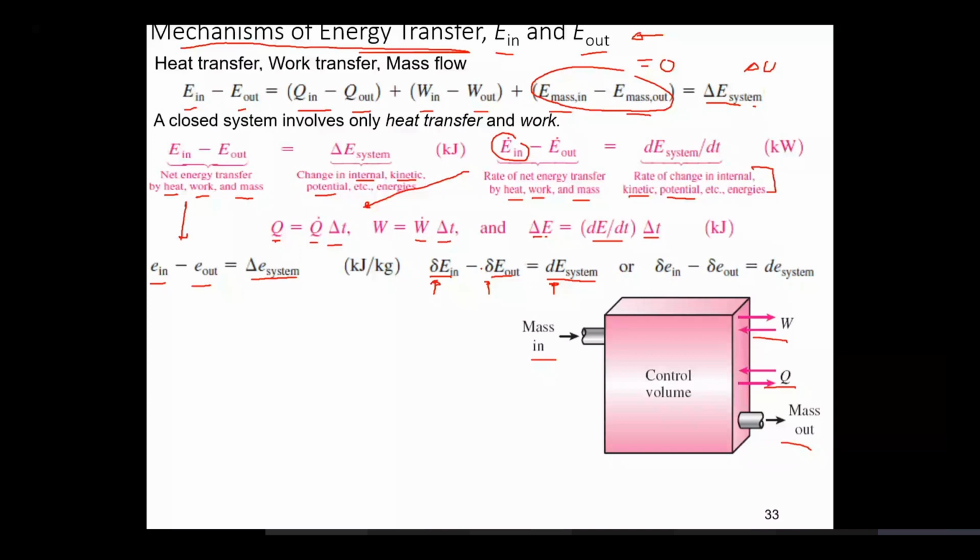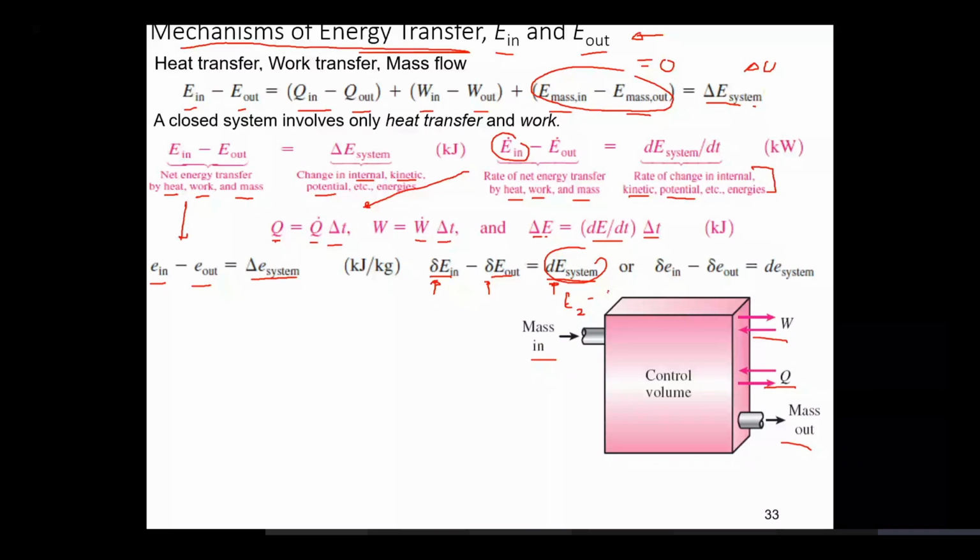Sir, I think it does not depend on the details of the process, so that is why we use partial. Yes, if you see the change in energy of the system, it is energy 2 minus energy 1. Essentially, it is dependent upon the states. So if the states are fixed, the change in energy of the system would be fixed no matter how you do that.